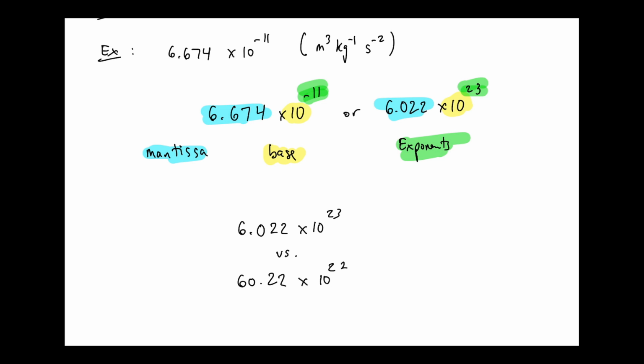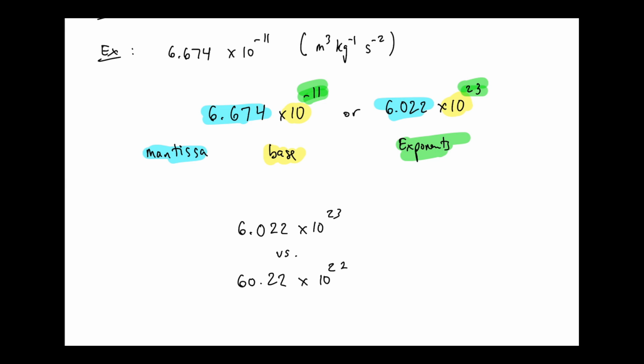They represent the exact same number, okay? However, which one of those would you expect to see if you popped open your chemistry book or whatever? You would expect to see the top one, okay? Why is the bottom one sort of bad, in a sense? It's more than 10, or maybe another way to put it, more than one digit before the decimal point, okay?